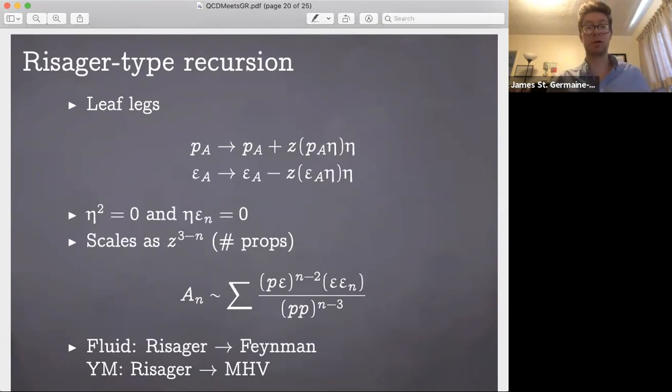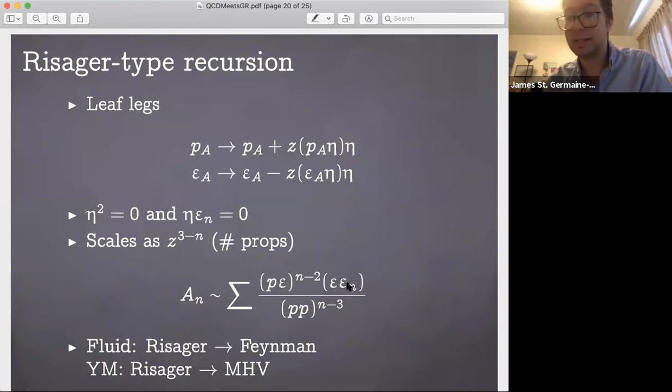Okay, there's also a Risager type deformation you can do, where you shift the polarization vectors and the momentum vectors in opposite directions using some nilpotent reference vector that I'm going to assume is orthogonal to the root polarization vector. Now, this is quite fun because if you go back to the fact that I said there are no p dot p terms in the numerators, you realize that this shift doesn't affect the numerators of any of the diagrams.